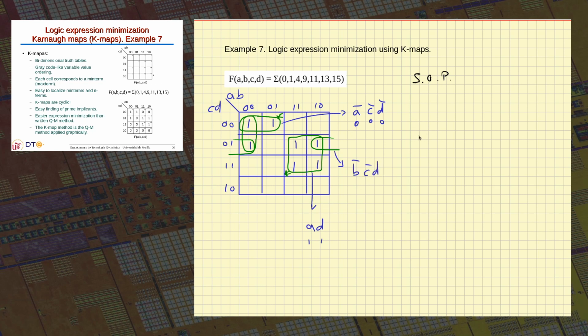So a minimal expression for my function would be A complemented, C complemented, D complemented, plus B complemented, C complemented, D, plus AD. You can compare with the previous example, so you can see that this is the same result we got with the algebraic method. Okay, and that's it.